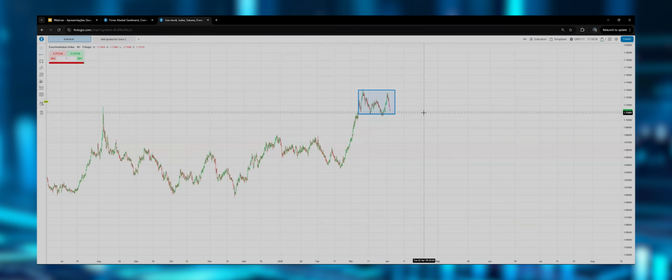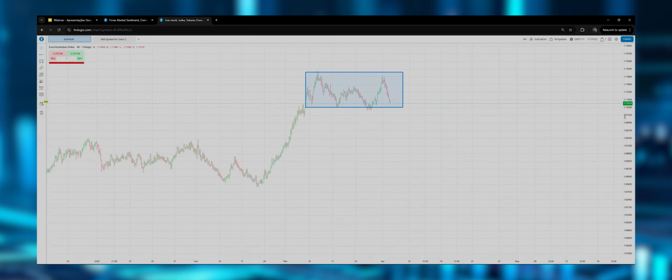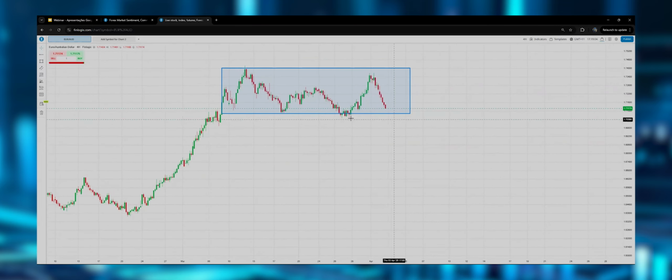And for more certainty, I would wait for a breakout down at this point here to actually take the trade. All right. Just waiting for some confirmation, I would say. Australia is in a not that good situation, I would say.